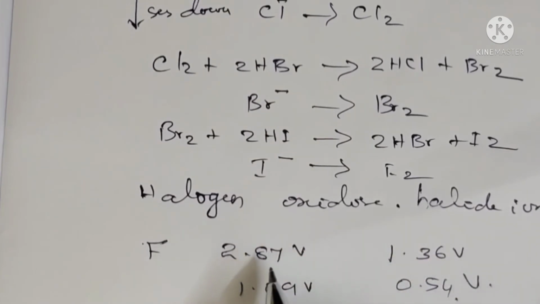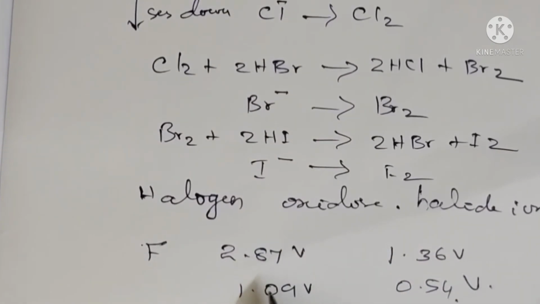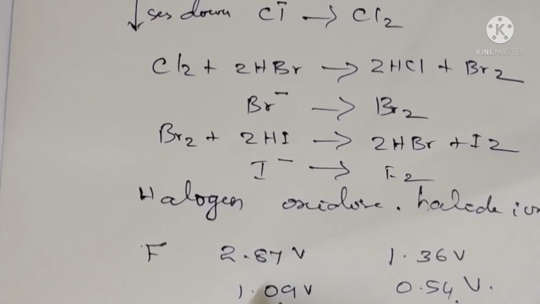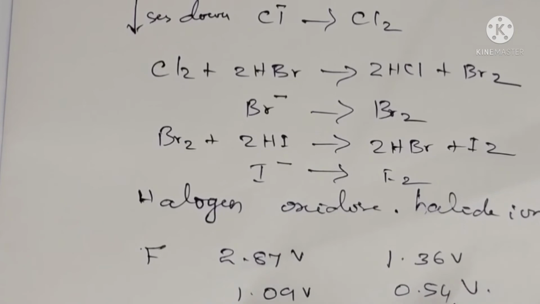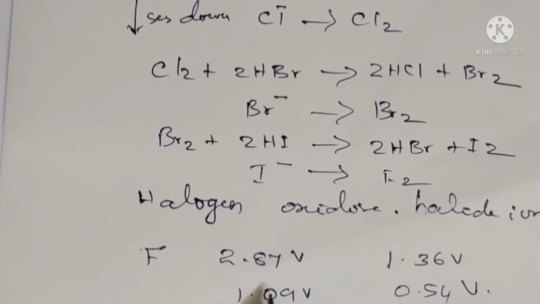That means the standard reduction potential value decreases on moving down the group. From this value, we can also understand the oxidizing power decreases down the group.